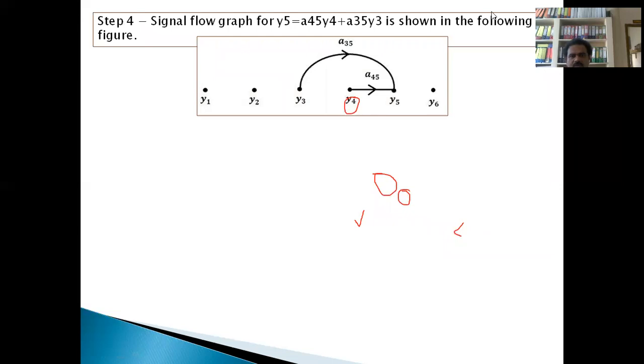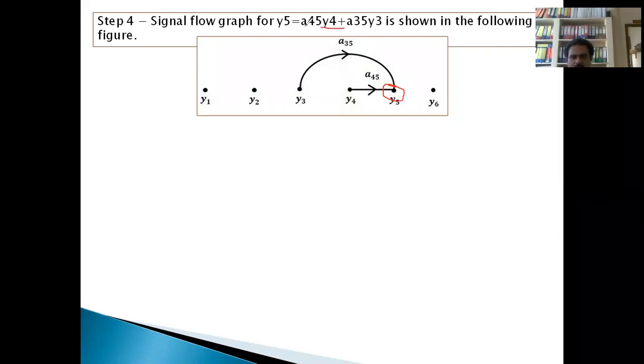So for the next one, step 4, the signal flow graph is: Y5 is equal to A45 into Y4 plus A35 into Y3. So here Y5 is the output.